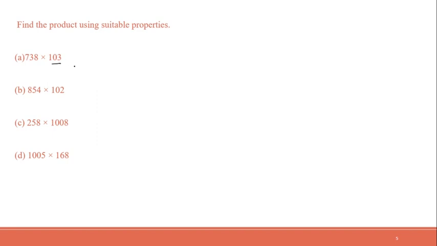So we will just split this term like this: 738 multiplied with 100 plus 3. 103 is nothing but 100 plus 3, right? So this is how I can write it.